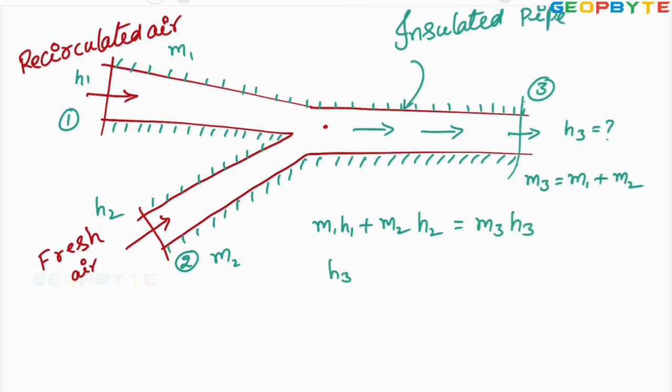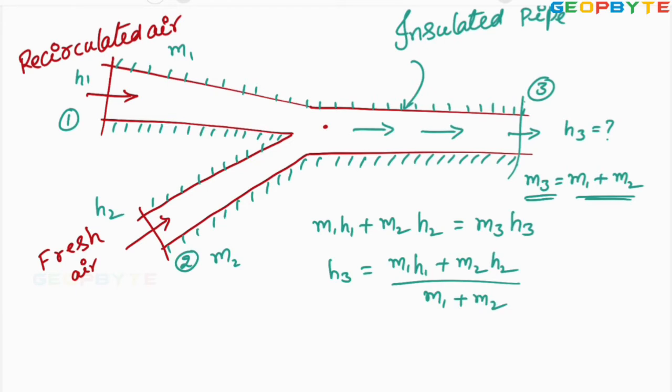From this you can decide H3. H3 equal to M1H1 plus M2H2 divided by M3. But what is M3? M3 equal to M1 plus M2.